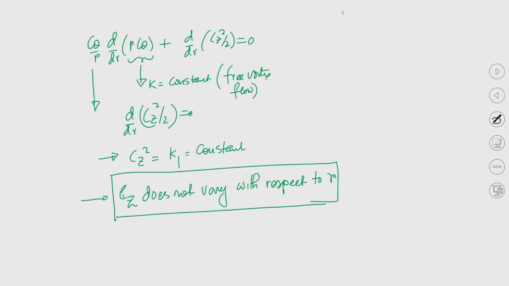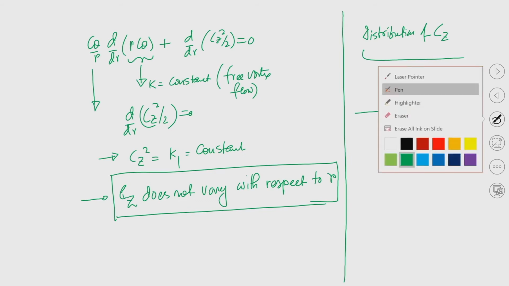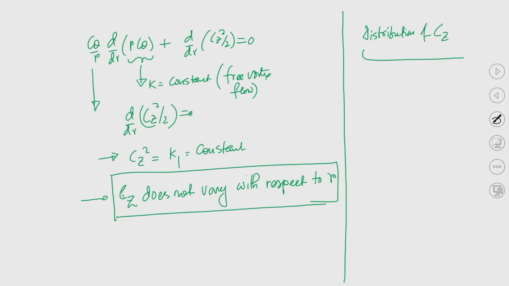Now, the question is, from this exercise, what can we write if we try to have the distribution of C z? If we try to draw, this is the blade, I am just drawing the upper half.